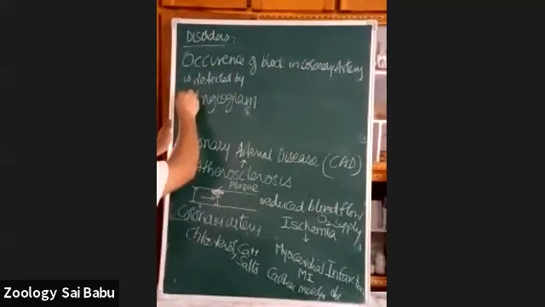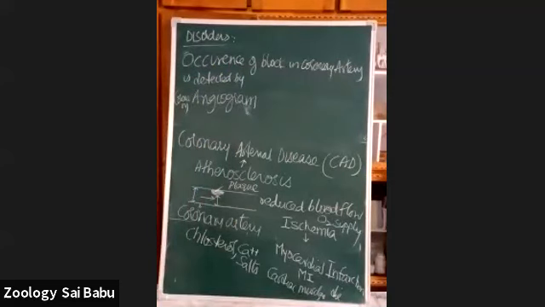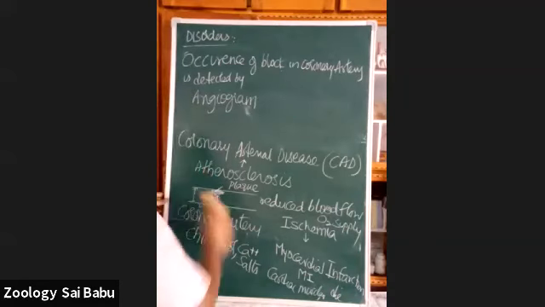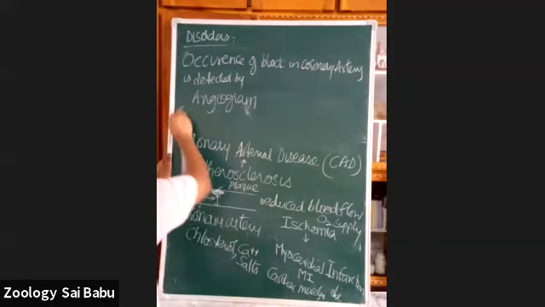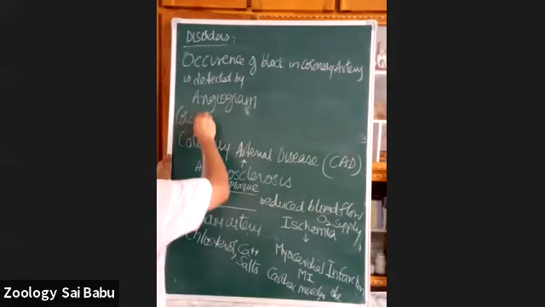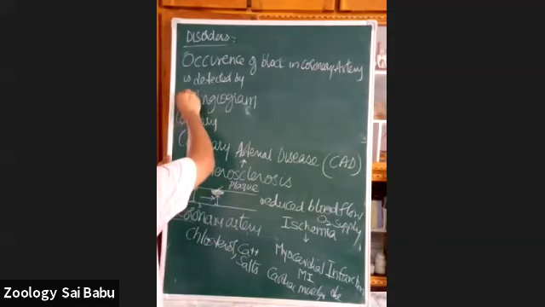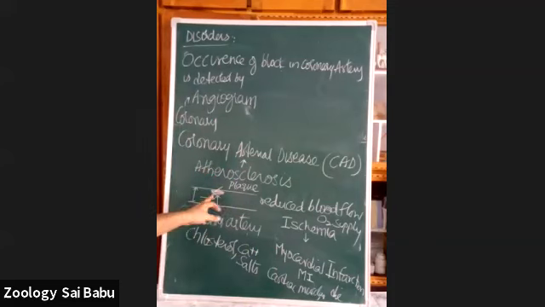We are going to perform the coronary angiogram. So the occurrence of these plaques is detected by coronary angiogram, so that we can detect the plaques.